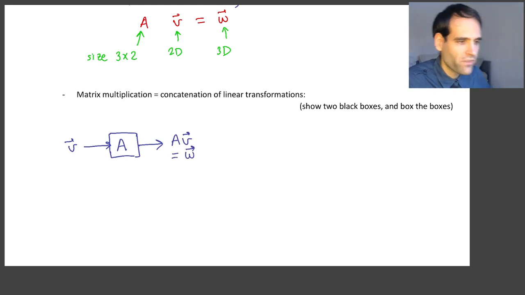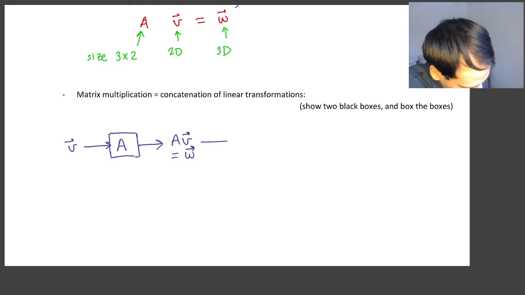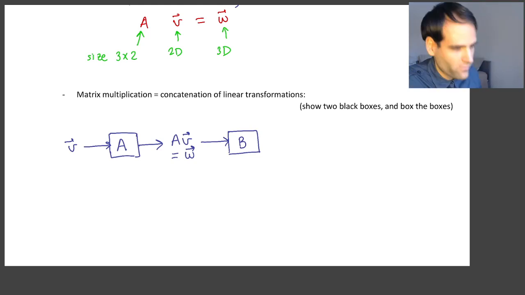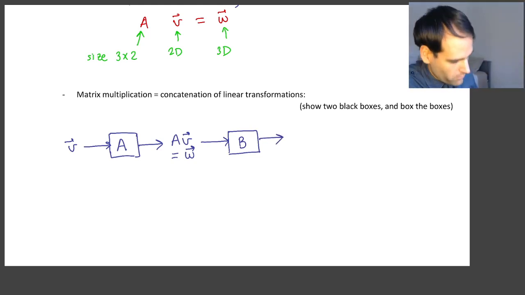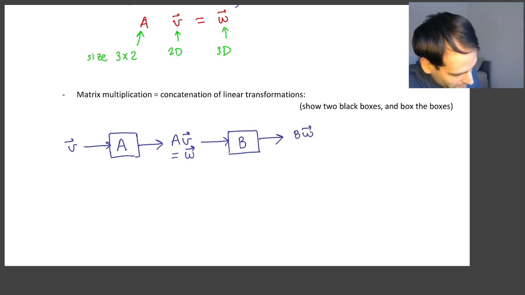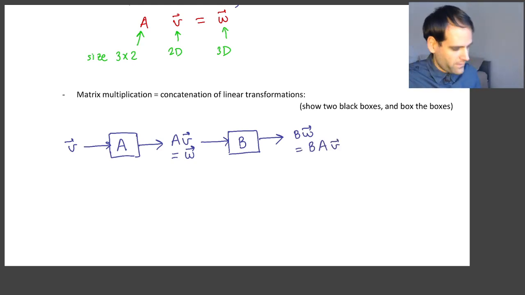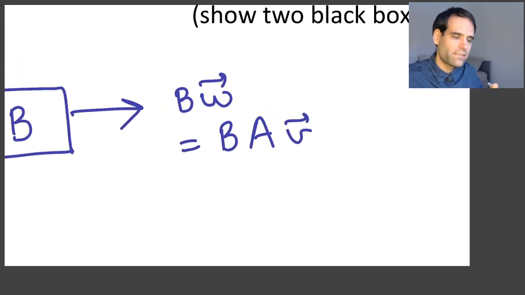That is the output. But next, let's imagine that I put this output w into another transformation, represented by a matrix B. What is the output of this transformation? It will be B times w. But w is equal to A times v. Therefore, the output of this concatenation is B times A times v.